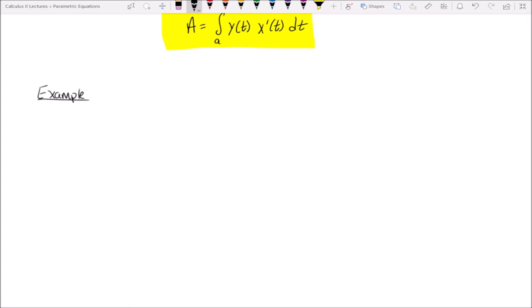So let's look at the curve x = t squared, y = 4t minus t cubed. We want to determine the area enclosed within the loop.